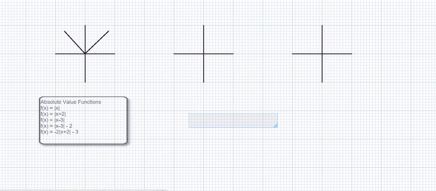For the first one, I'm going to use a blue color, and I'm going to show you what absolute value of x plus 2 is. In order to do this, I want you to notice that we're doing something inside of those vertical brackets, and we're adding something inside of the function. And again, I'm using the word inside very carefully.